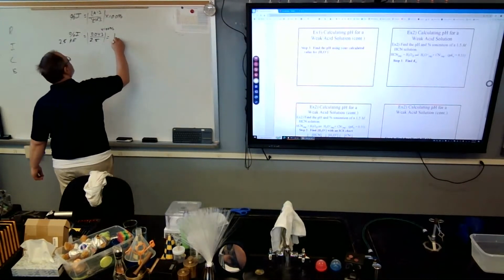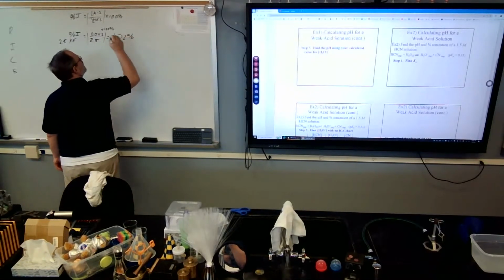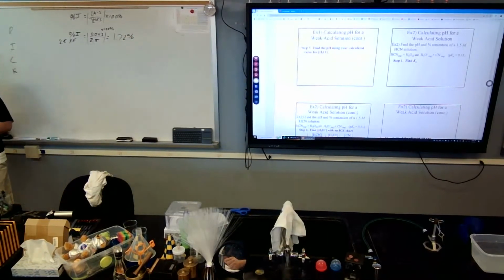Yeah. All right, cool. So this weak acid is 1.72% dissociated.